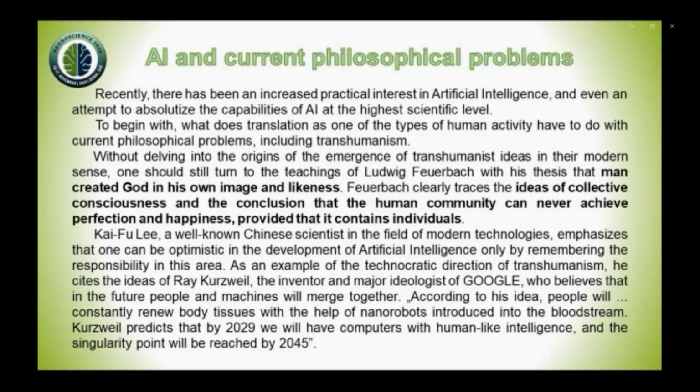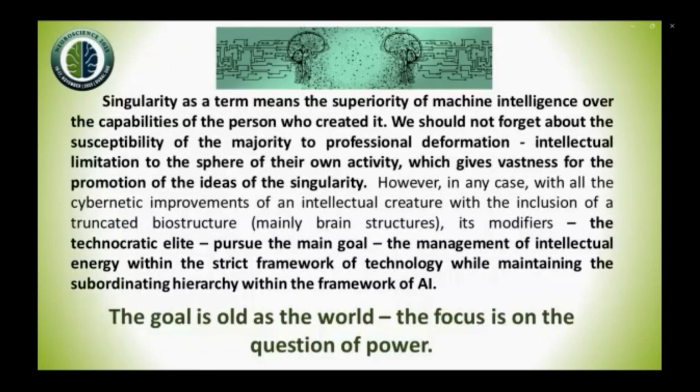Kurzweil predicts that by 2029 we will have computers with human-like intelligence, and the singularity point will be reached by 2045. Singularity as a term means the superiority of machine intelligence over the capabilities of the person who created it.